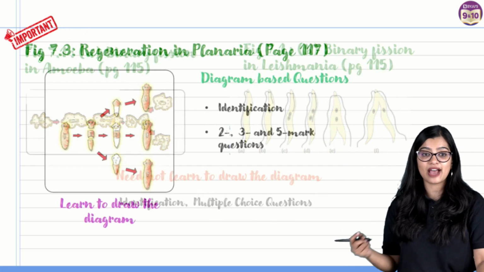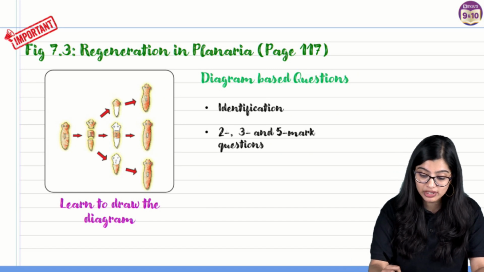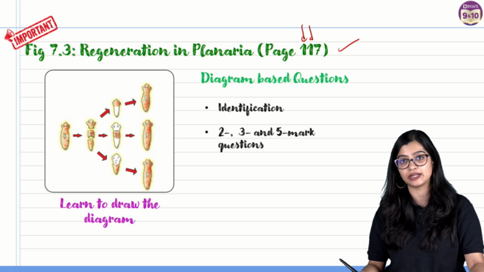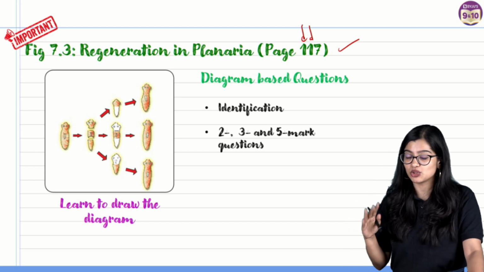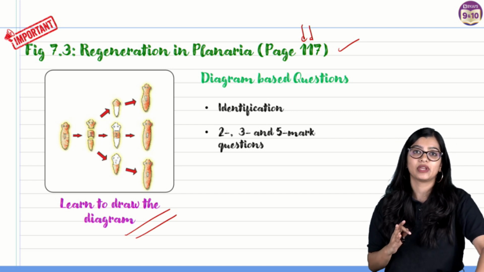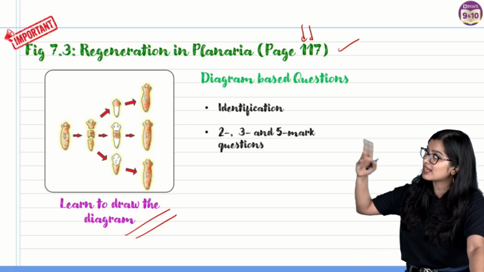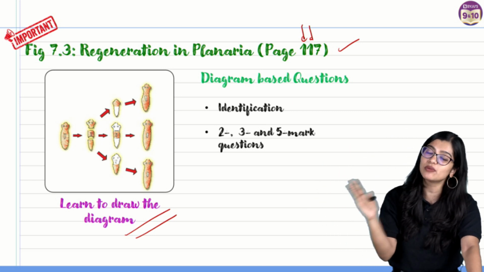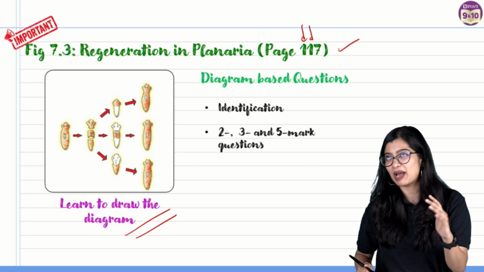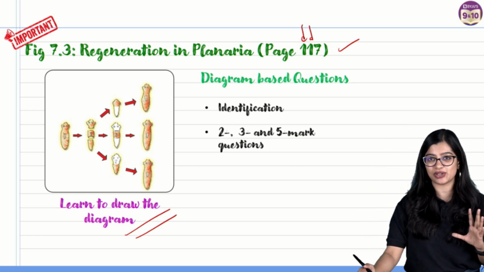Now next up we have figure 7.3, that is regeneration in planaria, that is there in page number 117. Now over the years what we have observed is that this diagram can come for drawing. So either they will give you the diagram and ask you what will happen at the end of it, complete the diagram. That they have asked a few years back, probably 5 or 6 years back, such kind of questions have come.